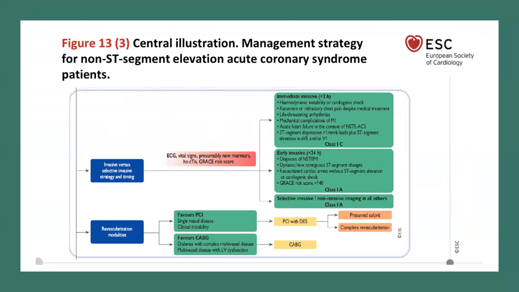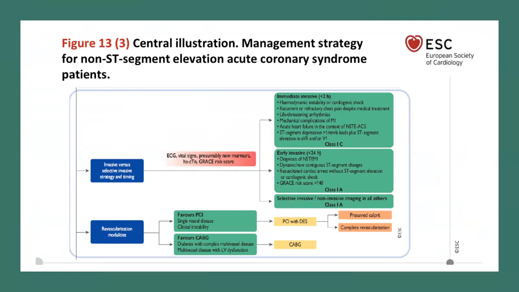So basically, noting the indications for immediate invasive management, in less than 2 hours. Patients that have hemodynamic instability or cardiogenic shock need to be in the cath lab within 2 hours.